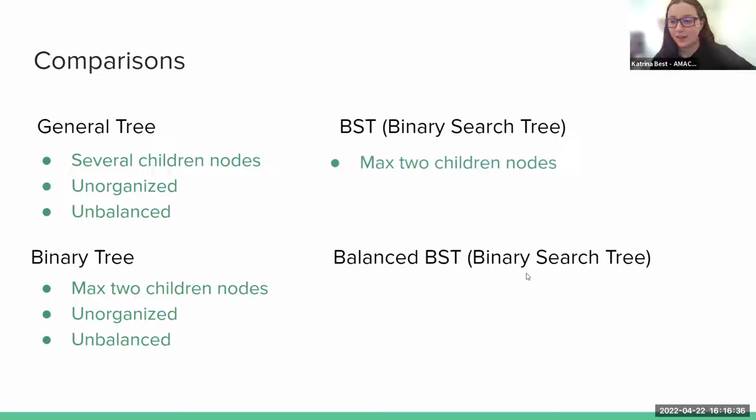So it still can't have more than 2 children nodes, but it's organized. In a binary tree, there's no rules as to how to add the nodes, so it can be in random order. But for a BST, left node is less than the current node is less than the right node. I didn't include the equal sign here because, depending on who you talk to, you can have it either on the left or right if it's equal to the current node, or you cannot have any duplicate nodes.